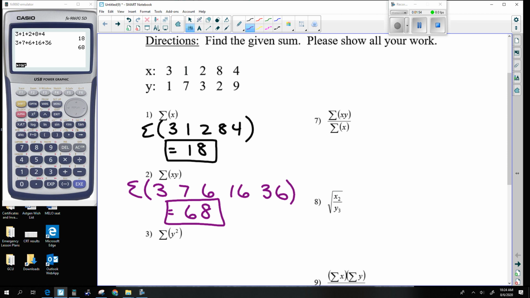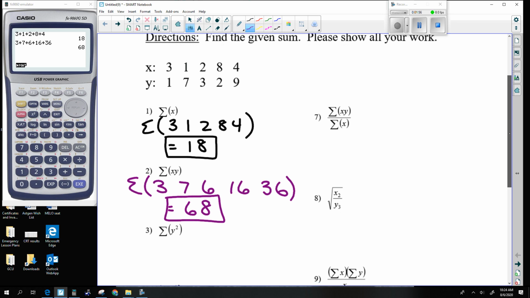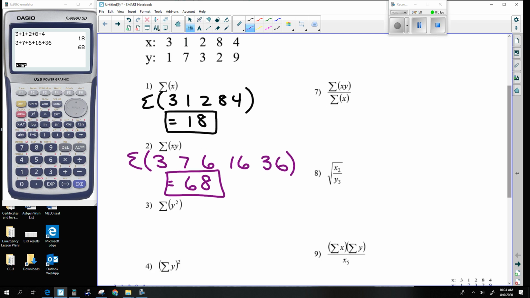Next, I have the sum of y squared. So the y squared is on the inside of the summation, as opposed to number 4, where you're taking the sum of y, squared. So there's two different things. There's the sum of y squared, and then there's the sum of y, squared.